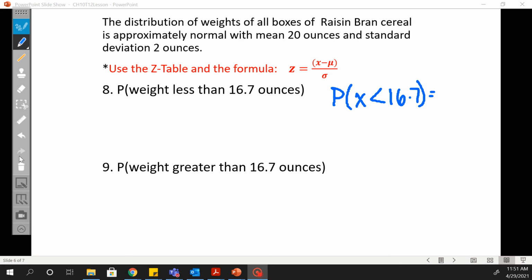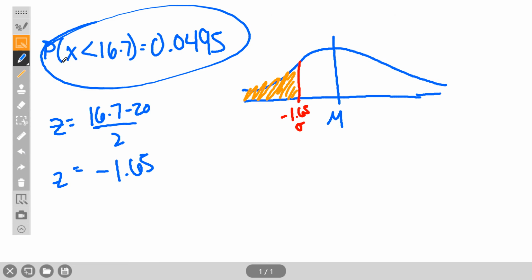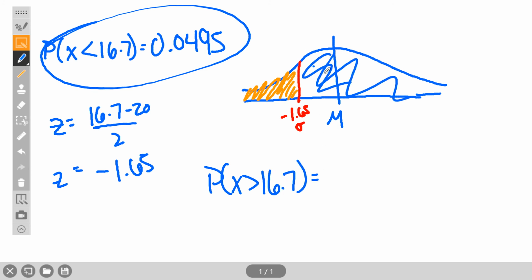Whoops, it looks like I might need that because number 9 is asking for the weight greater than 16.7. Okay, so I probably am going to need what I just had, because if that's the probability of it being less than 16.7, then the probability of it being greater than 16.7 is just going to be over here, which is 1 minus the probability that I just calculated.